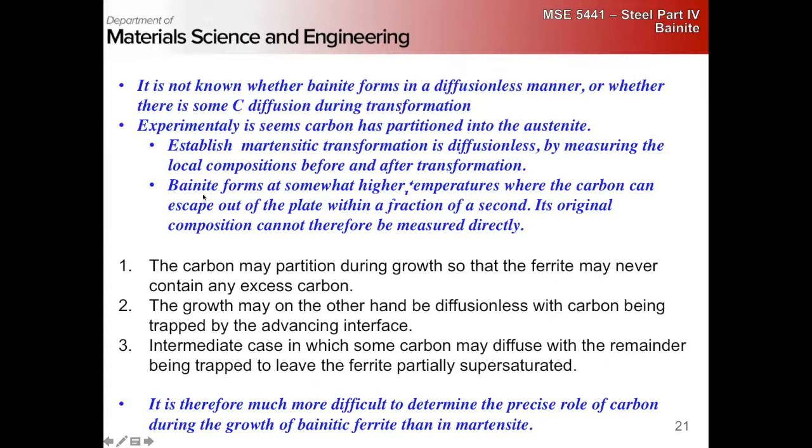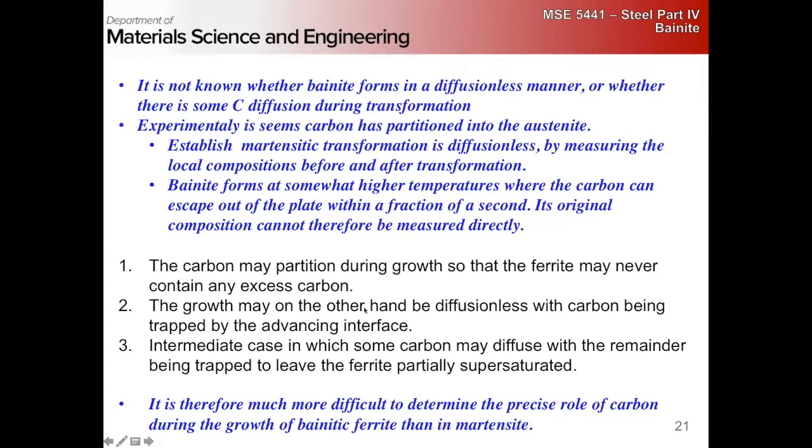Okay, so there are a couple of options. We can have a case where the carbon partitions during the growth of the subunit so that the ferrite never contains any excess carbon, in which case we don't go to that alpha prime structure that I showed. It just goes from austenite to ferrite by a shear transformation, accompanied by carbon diffusion.